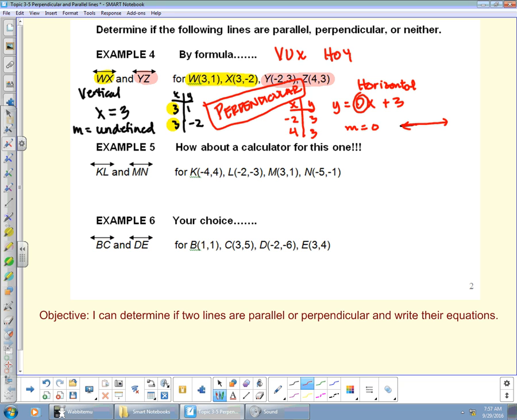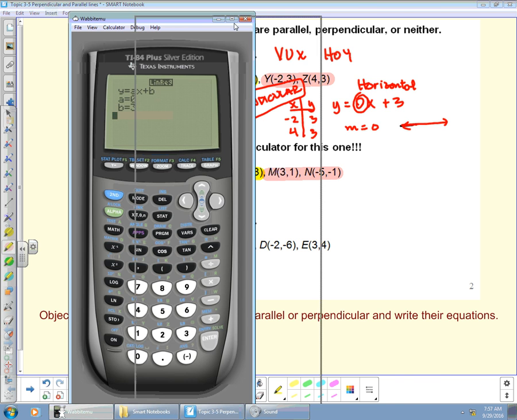Okay. All right. Example 5, same way. Line KL is going to contain the points K and L. Line MN is going to contain the points M and N. All right. So we're going to go back to our calculator.